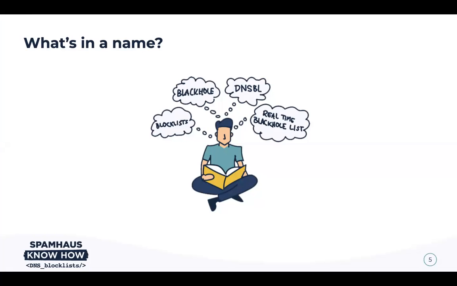What really matters is that we talk about the same thing here, and it is a data set that we use to help us assess the reputation of something that tries to send email. What we usually call them is DNSBLs, because the most common way that people use them is through doing a DNS lookup. And so the data is published in a zone file format and consumed by doing a DNS lookup.